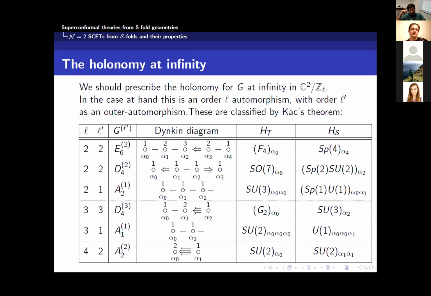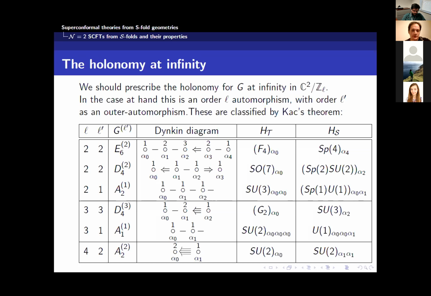And automorphisms of this form have been classified. So the idea is to start from the twisted affine Dynkin diagram. The twisting is encoded by L prime. And I should start selecting nodes in the Dynkin diagram.